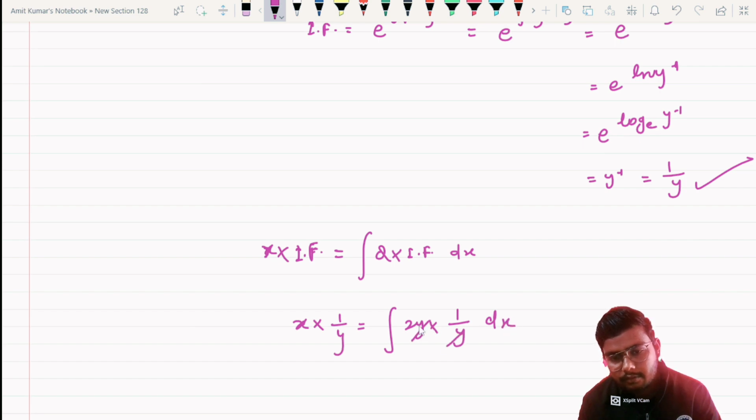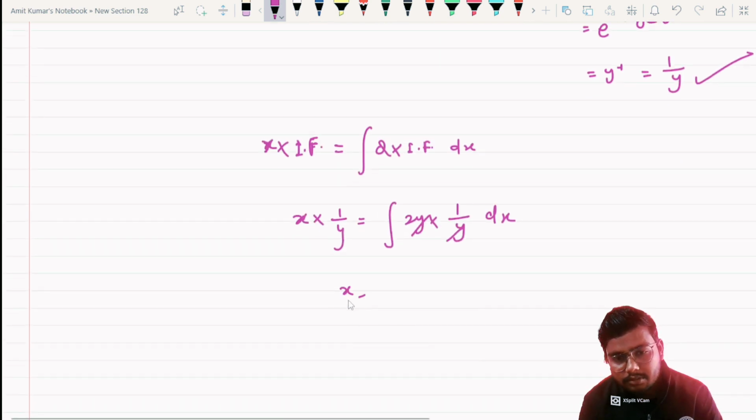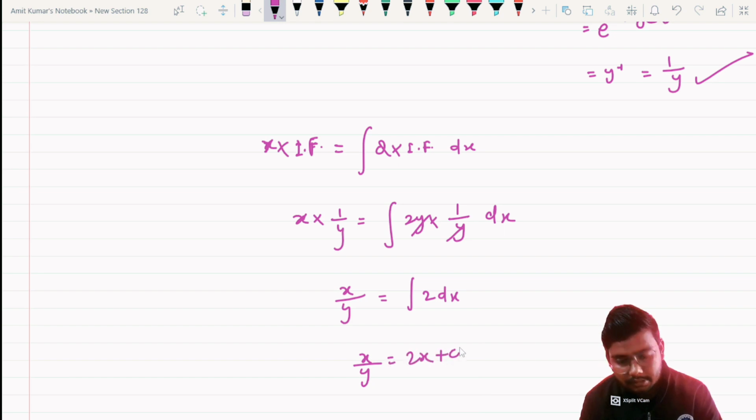The y cancels with this one, and we get x by y equal to 2x plus c.